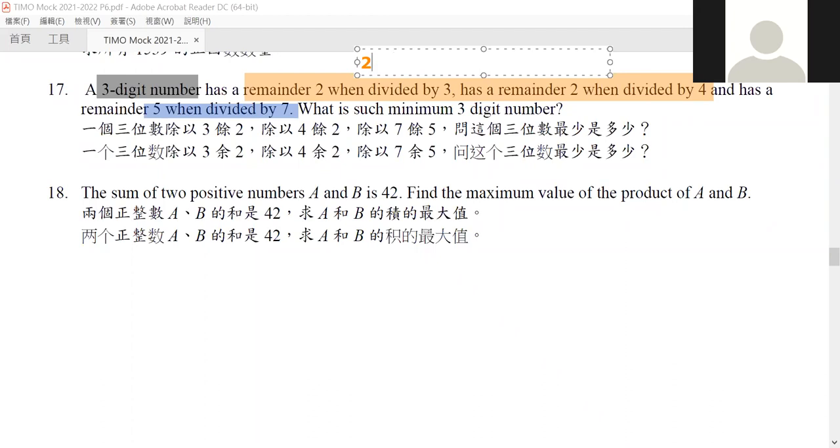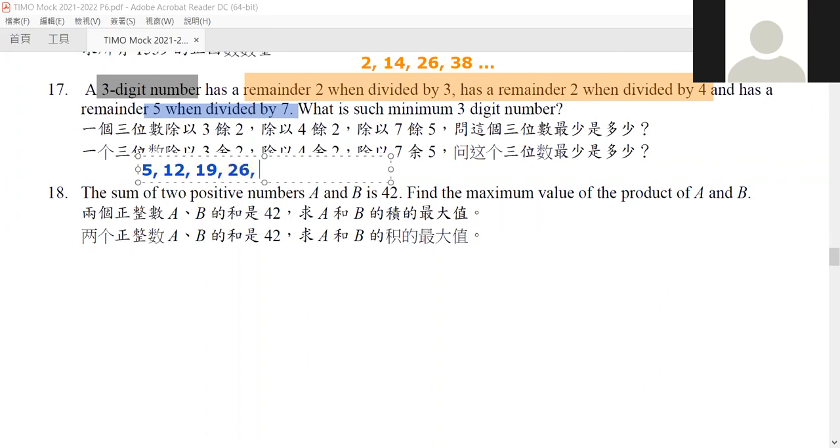So it can be 2, 14, 26, 38, and so on. But in order to have a remainder of 5 when divided by 7, it will be 5, 12, 19, 26, 33, and so on.